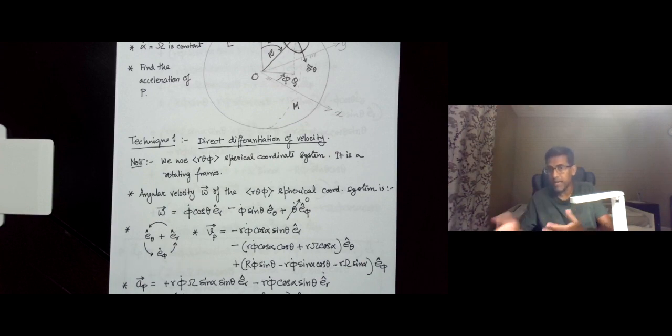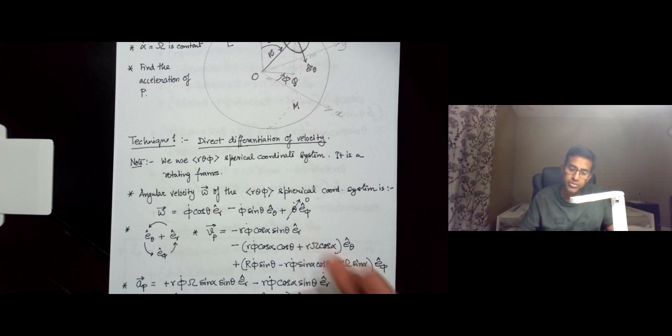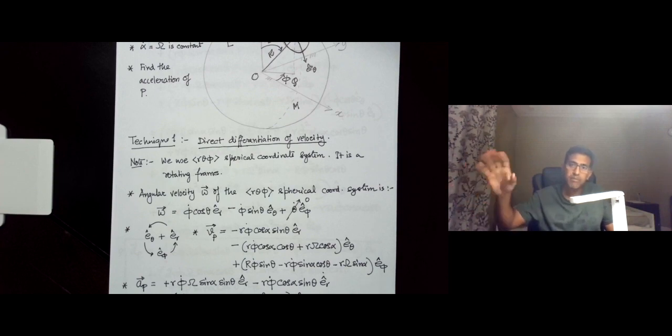I'm stopping that from happening when I take the differentiation, and so the answer that I get is an incorrect answer. Okay, so what we should do is take the general form of the velocity, differentiate it with respect to time, and get the acceleration, and then impose the condition.